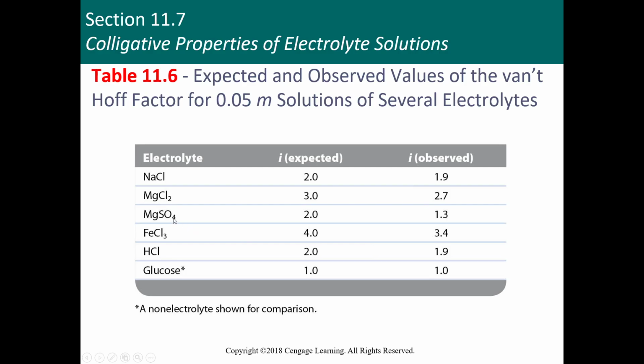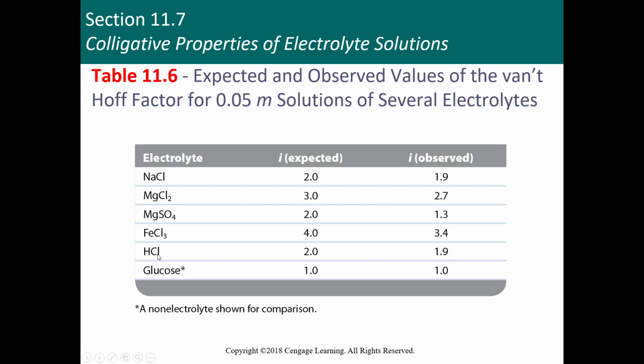Here we see MgSO4. Again, we have the Mg2+, but we also have the SO4 2-. These are both stronger magnets, and so we get an even larger deviation. Right here we have FeCl3. The Fe has a 3+ charge. That's a very strong magnet. And so we see that we get a fairly large deviation from the expected 4 here.